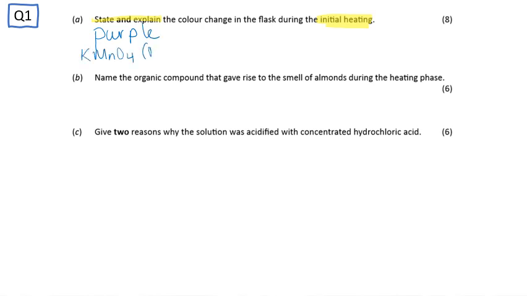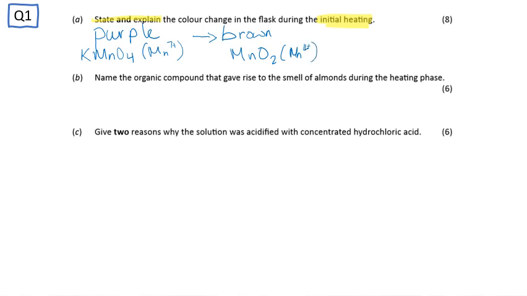Or you could say due to the Mn7+ ion. When that is heated, the initial reaction that's going to occur is going to be the reduction of the KMnO4 to MnO2. And that's going to be a brown color. That's my Mn4+ ion.